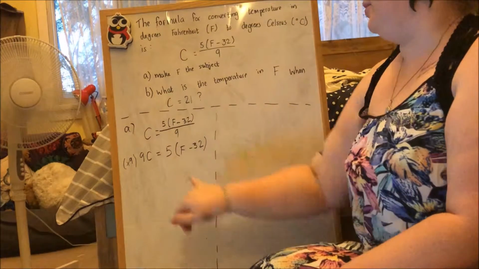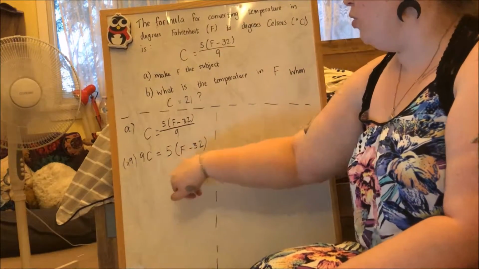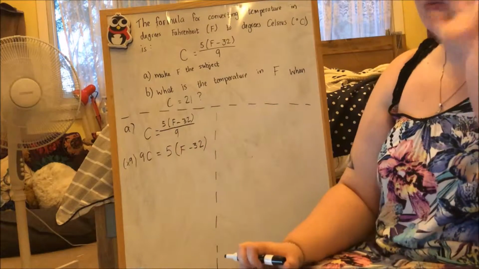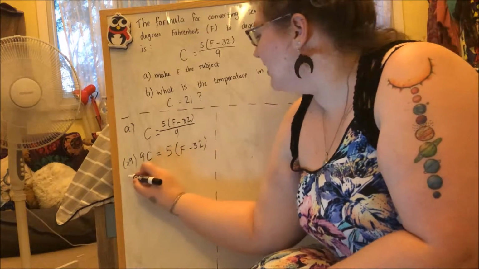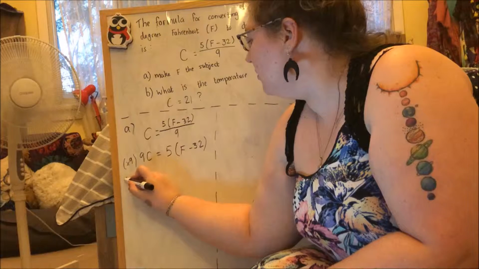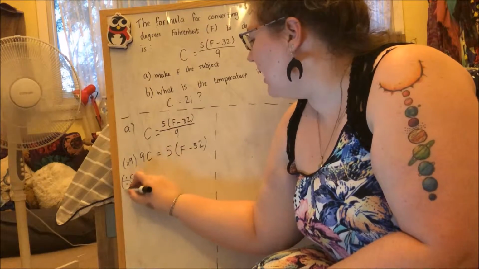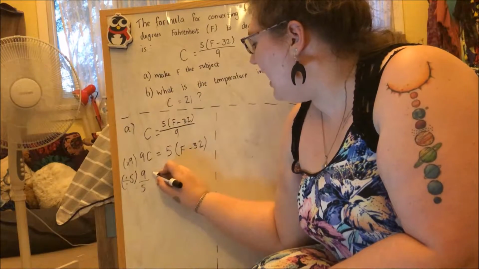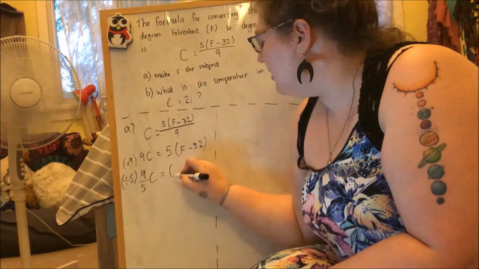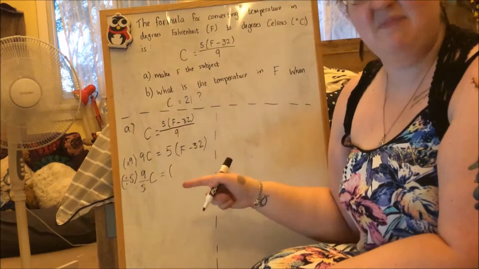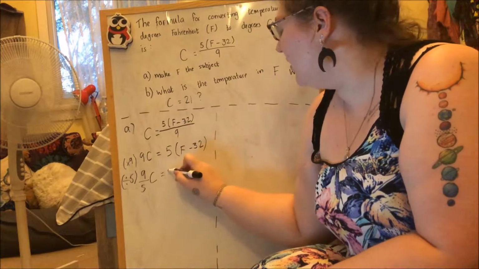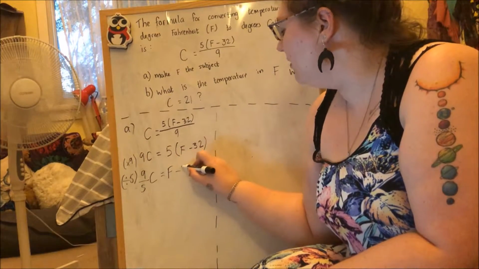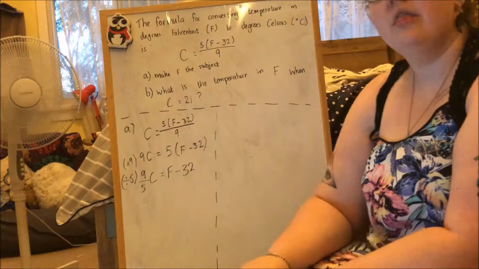Do we have any multiplied terms? Yes, we do. This whole thing in brackets here is multiplied by that 5, so we want to get rid of that 5. So we are going to divide both sides by 5. That's going to give us 9 on 5C is equal to F take 32. I don't actually need that bracket anymore, so I'm going to get rid of it.